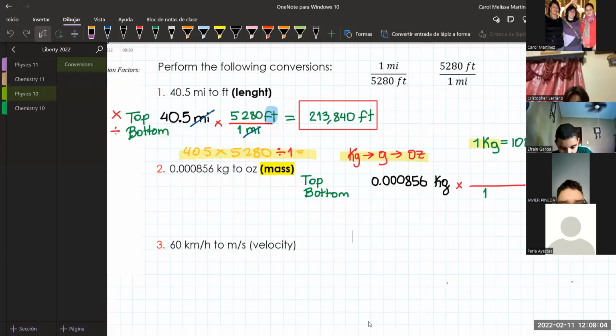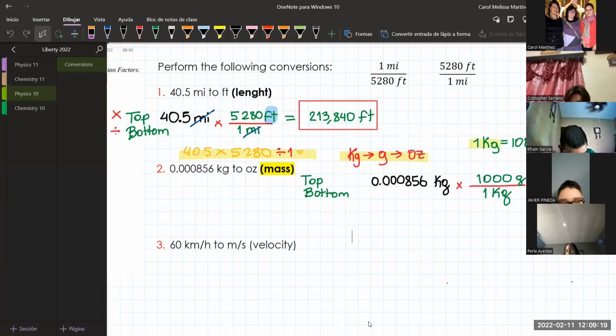So I say 1 kilogram is written down, and above the rest is 1,000 grams. Okay, so this is going to give me the chance to get rid of those kilograms, and it's going to leave me just grams.